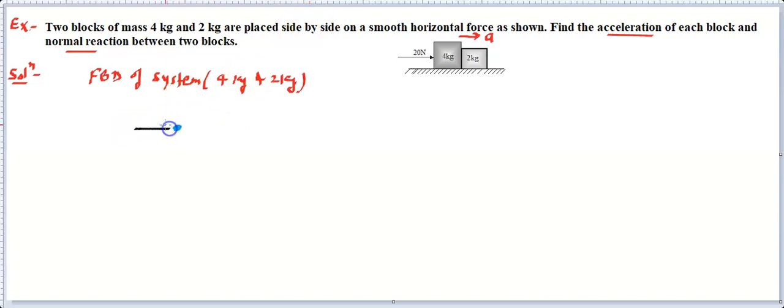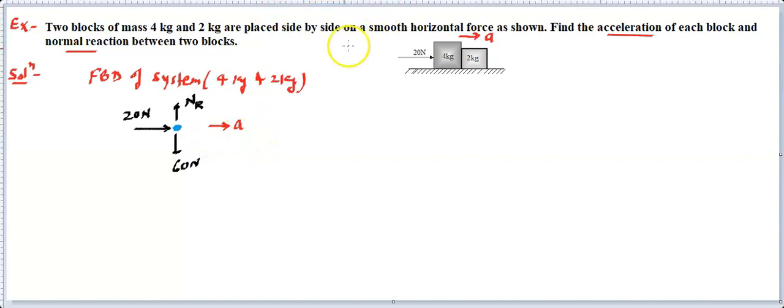It is subjected to a force of 20 Newton, and then there are vertical forces, the weight of 2 plus 4, that is 6 into g, that is 60 Newton, and a normal reaction coming upside. That's the FBD, and this will be moving here with acceleration A, so we can also draw the acceleration there.